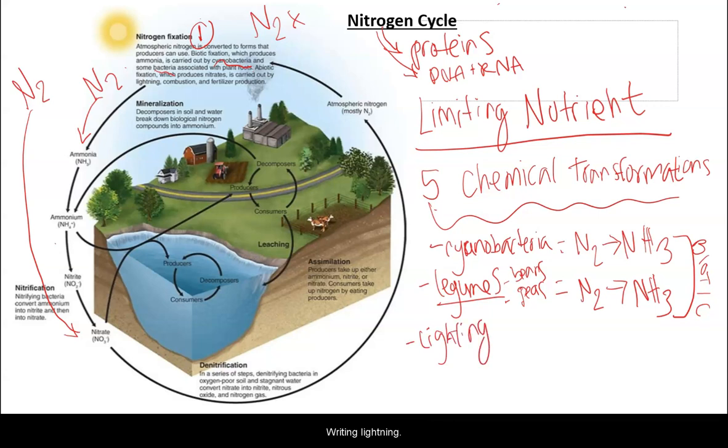Lightning, combustion from fires, and burning of fossil fuels. Those are all non-living ways of creating this usable nitrogen. Okay, so those are our abiotic fixation.